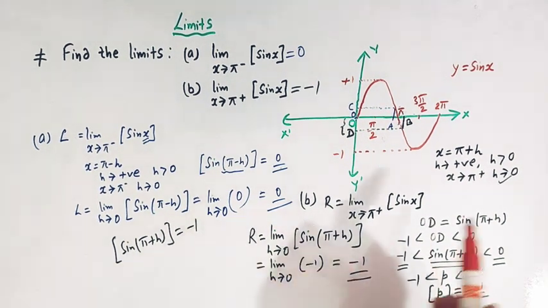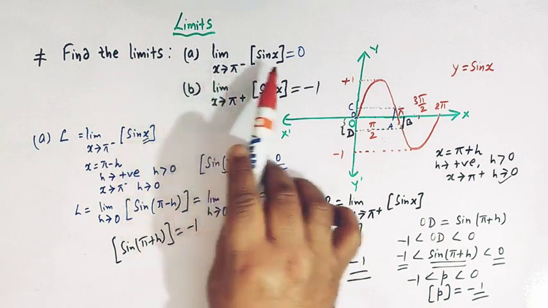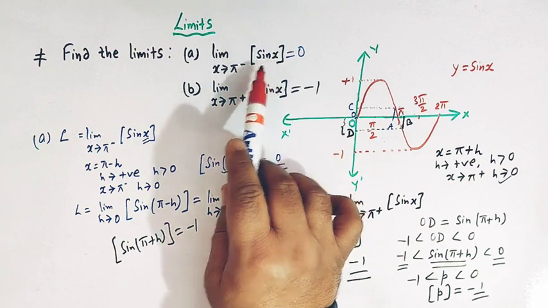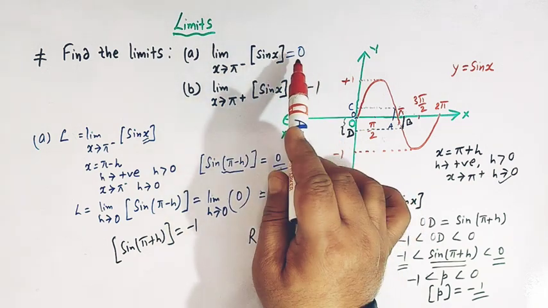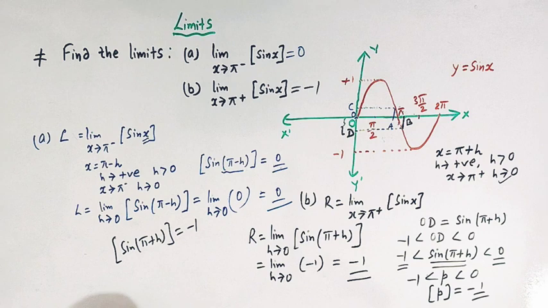So viewers, from this discussion we have seen that for the function greatest integer of sine x, when x tends to pi, the right hand limit is minus 1 and the left hand limit is 0, right?